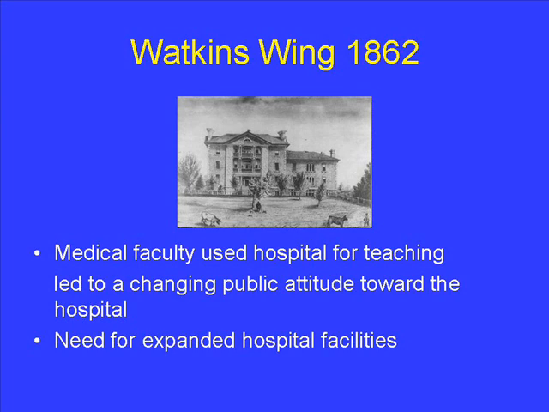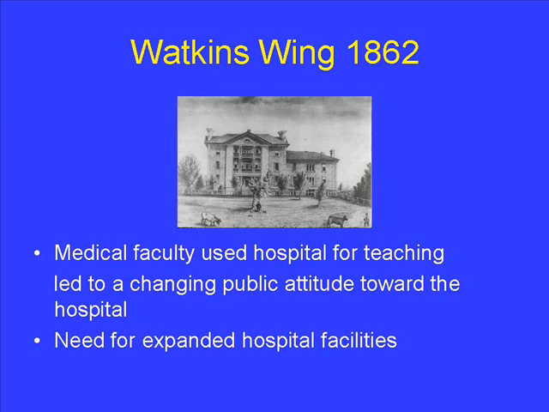The end result was that there was slowly a change in attitude of the public toward the hospital, and an increasing number of patients began to come to the hospital. And because of the increasing requirement for patient care within the institution, there was a need to expand the facilities.